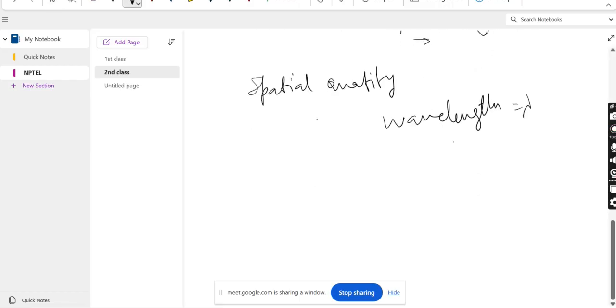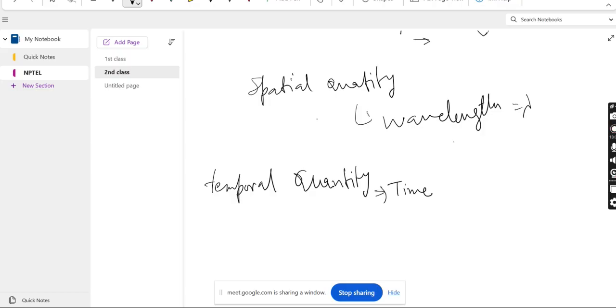And another thing, the temporal quantity, which is the time period. That can be denoted by T or tau. So basically, what is the wavelength?